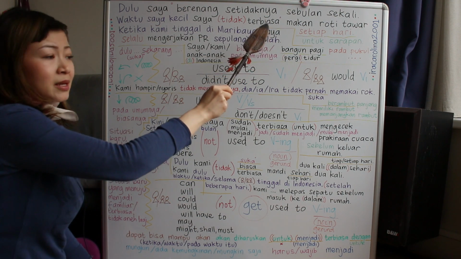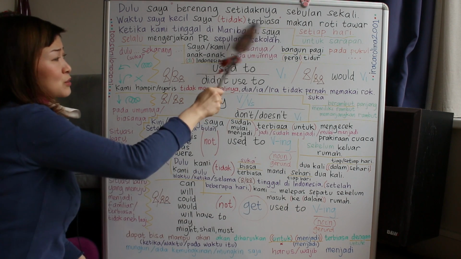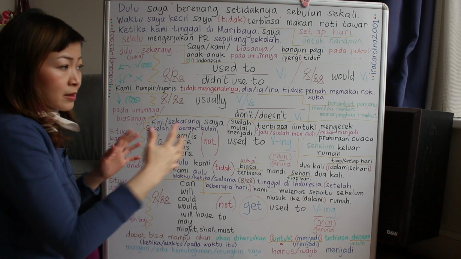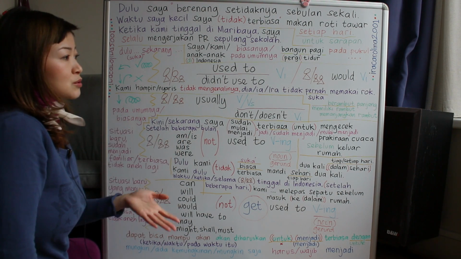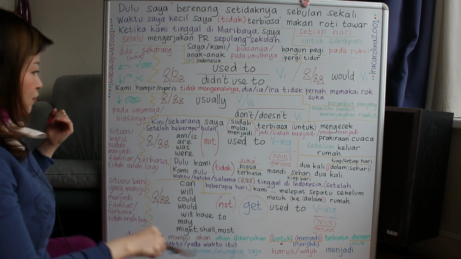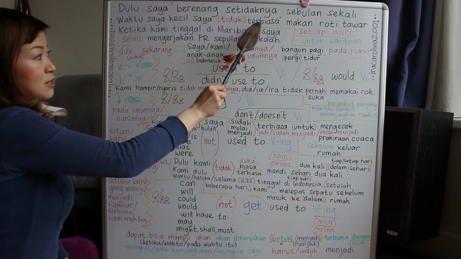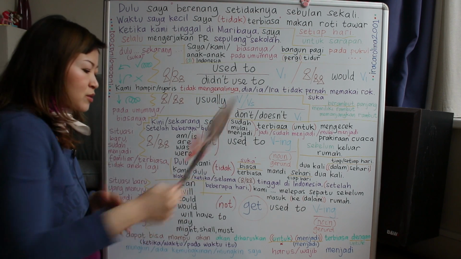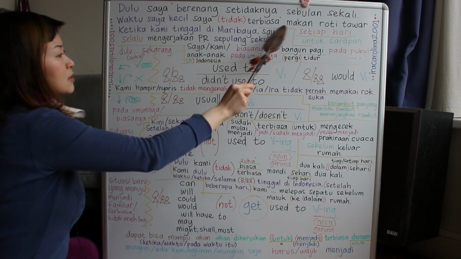It can be in the past, in the present, or in the future, because this terbiasa is one word, so we can say used to, or it can also be for later, because again the past, the present, or the future depends on the time signal that you use.